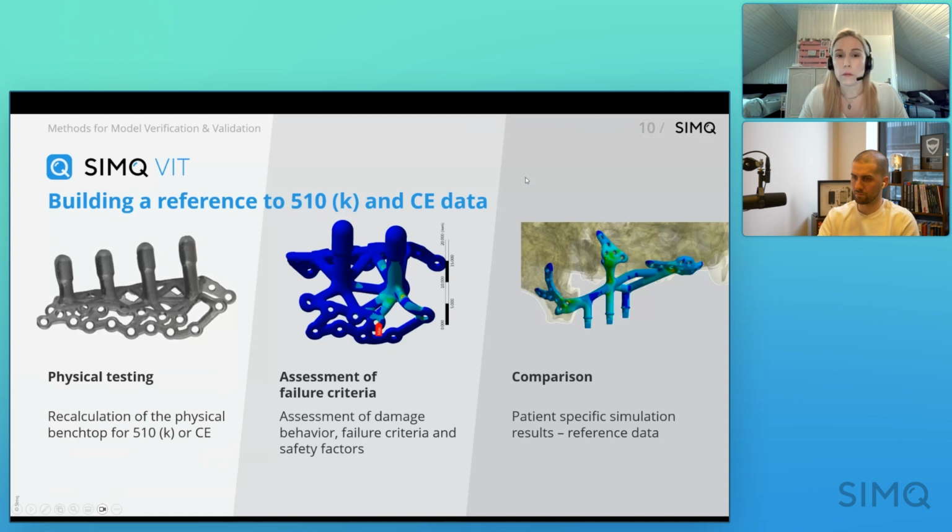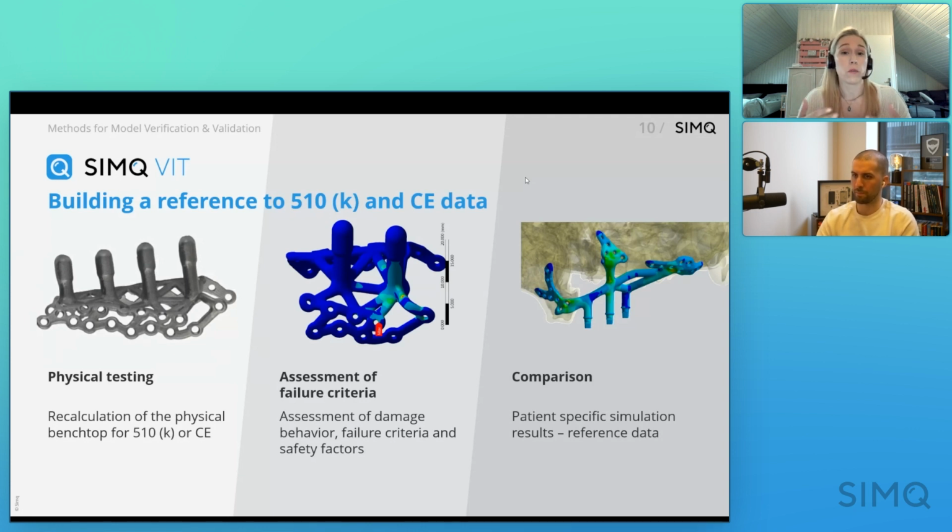So a lot of the questions that we get with the virtual implant testing, it's pretty basic, is how do I know the results from your software and the virtual implant testing reflect reality? In order to do that, there's actually quite a lot of steps that we take, and one of them is physical testing.